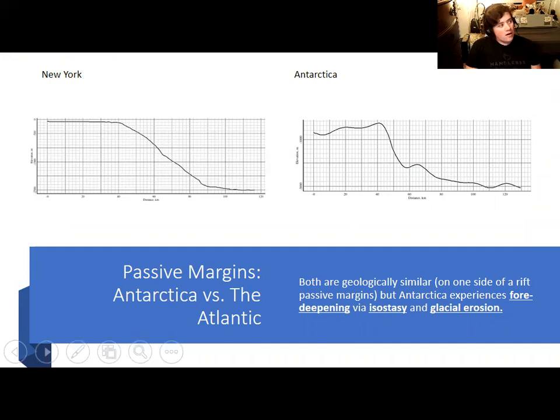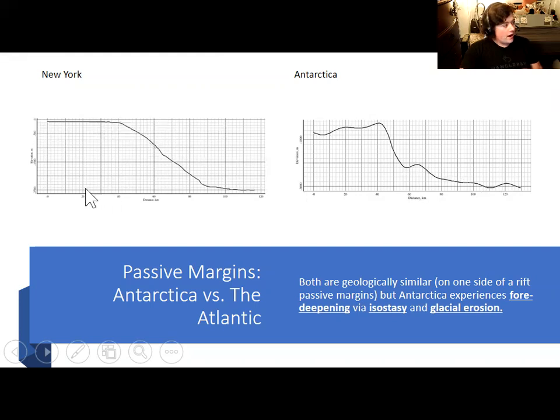Something interesting about the two when you compare them, though, is that you get a slightly different shape to the coastline in Antarctica because of the presence of glaciers. For one thing, this is a bathymetric profile, which shows the elevation of the undersea levels as you get farther and farther away from the actual shoreline.